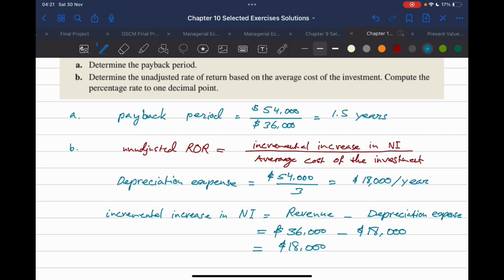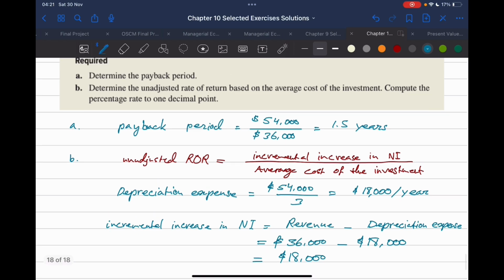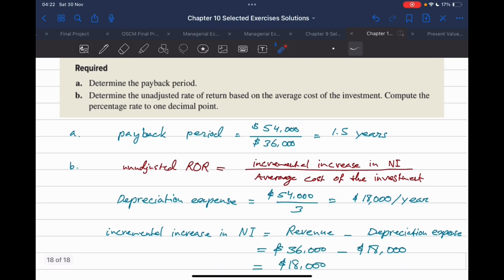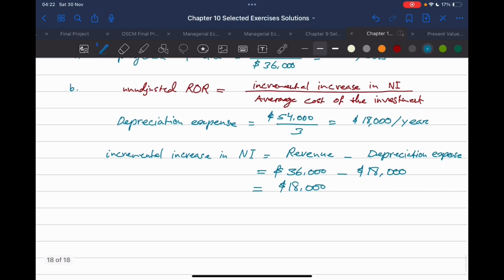Now that we know this and we know the cost of the investment, which is $54,000, we can go back to our original formula and substitute and find our unadjusted rate of return.